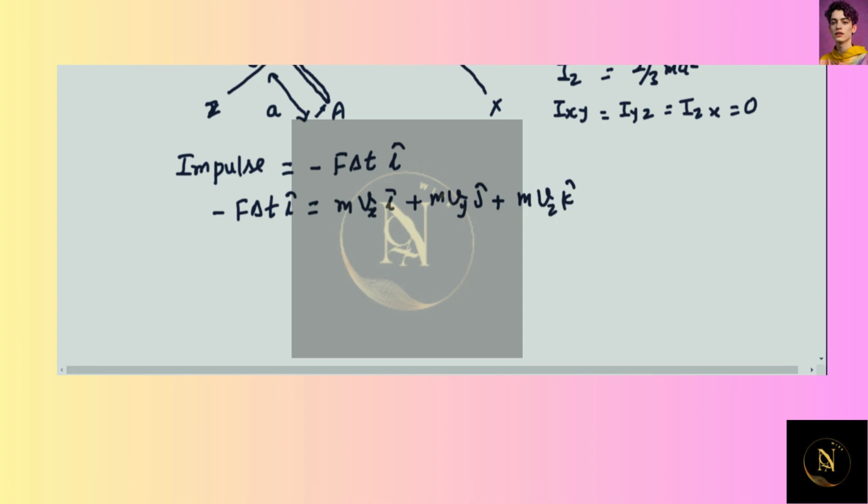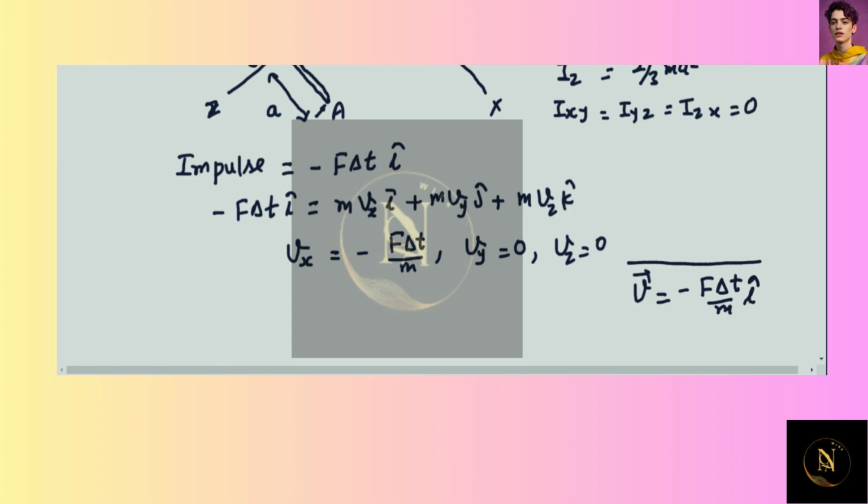So from here you will find velocity along x direction is minus F delta t upon m. Along y direction it is 0, and along z direction it is also 0. So velocity of center of mass we can write as minus F delta t by m i cap. This is the answer of A part.